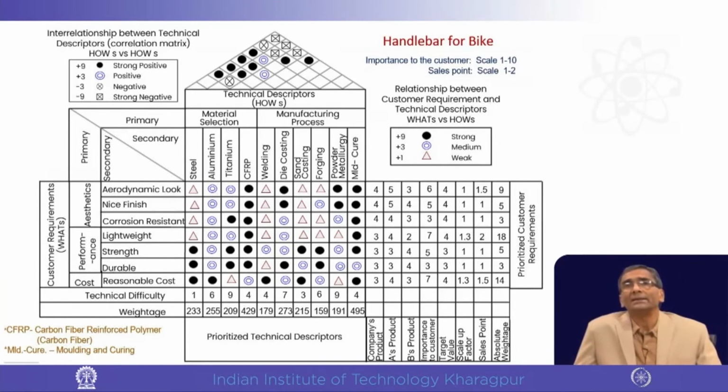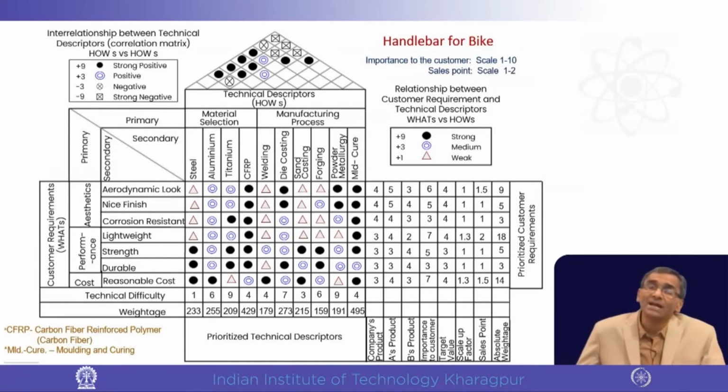Now, the next is the company's performance, that is, the organization or the team that is going to study this. As the team in QFD, like all design processes, it would normally constitute the design people, engineering people, manufacturing people, the marketing people to give the customer requirement preferences, and also the quality people.